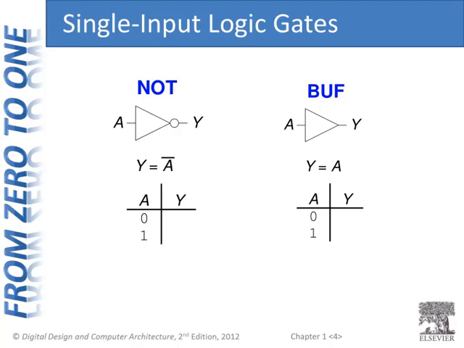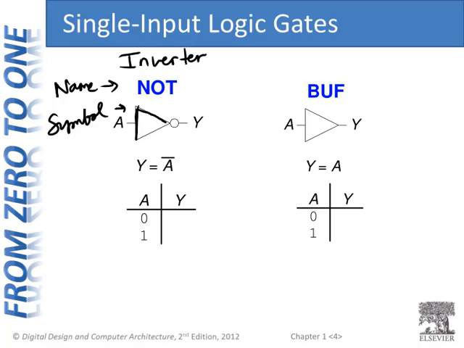So the single input logic gates are the NOT gate, also called an inverter, and it has both the name and symbol. The symbol is a triangle with a bubble.